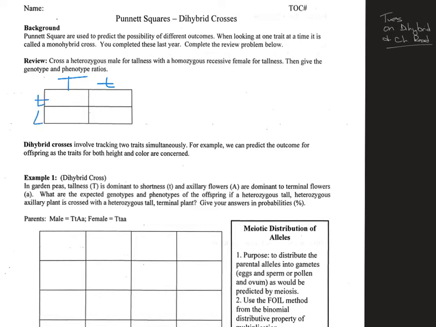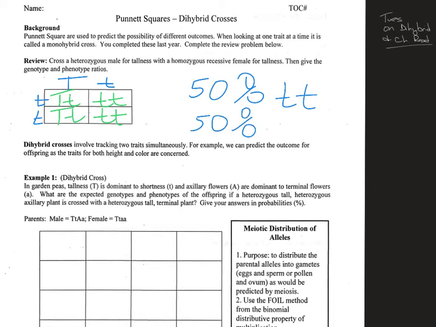You might ask, well, how do you know it goes on top? How do you know it goes on the bottom? It really doesn't matter since the math works out either way. You end up with the result of big T, little t, little t, little t, big T, little t, and little t, little t. In this cross, you end up with 50% short, little t, little t, and 50% heterozygous tall, no homozygous tall, right?